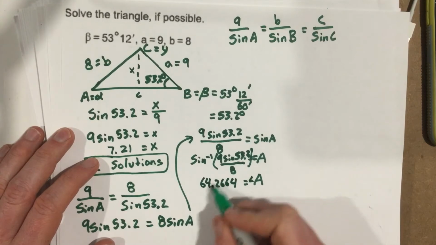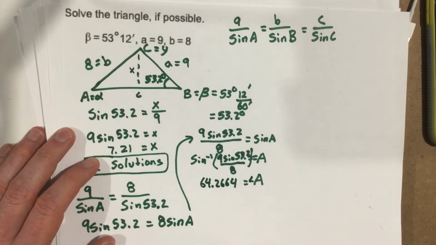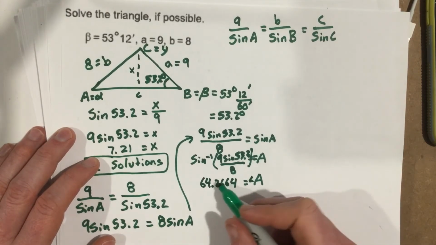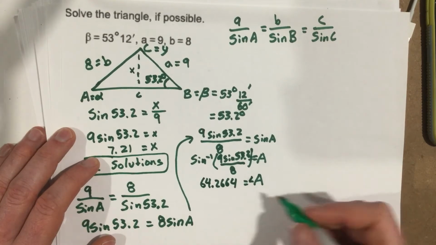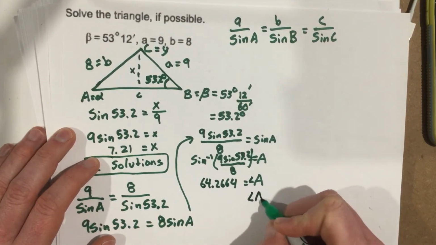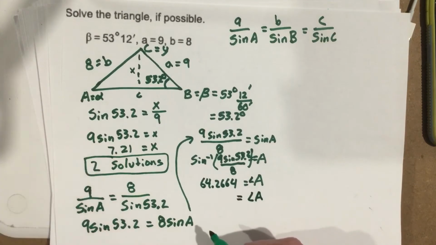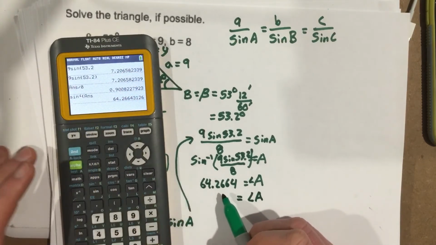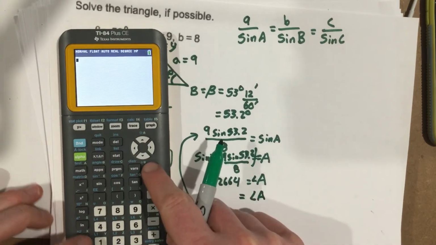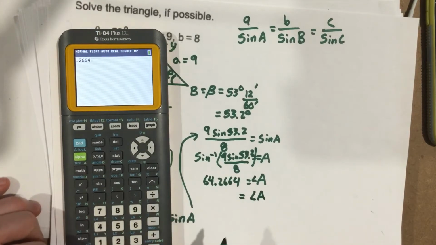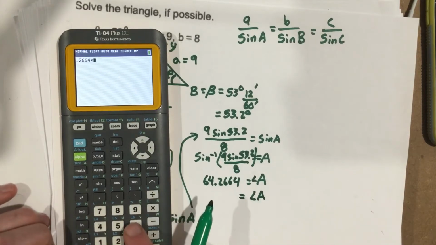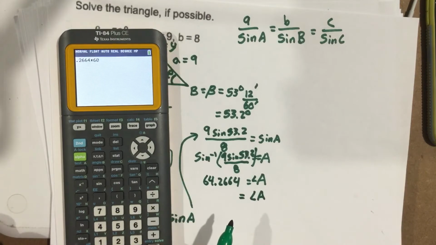But in our answer for this angle, when we actually write the answer for the angle, they're going to want this in minutes. So our angle A is 64.2664, but angle A in minutes, essentially what you do is you take 0.2664 and you multiply it by 60 to get the percentage of minutes out of 60.